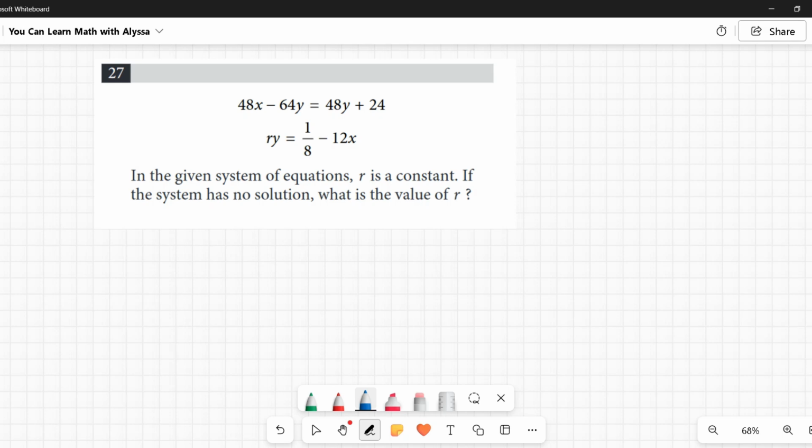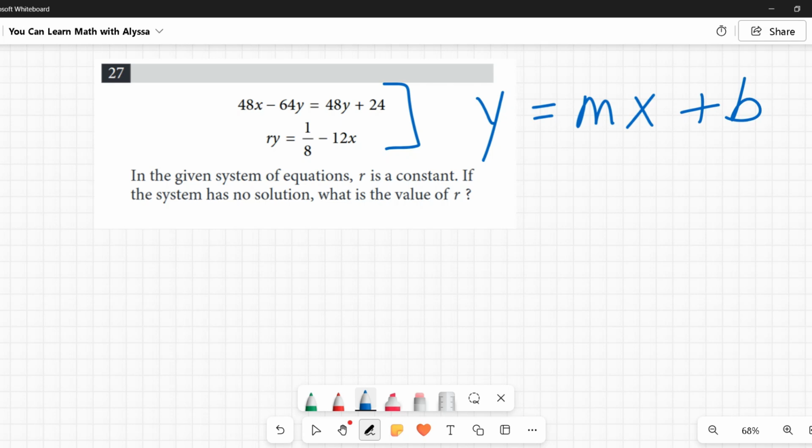Okay, the traditional way first. As I mentioned, we're looking for them to have the same slope. The easiest way to compare these two and get them to have the same slope is if we put them both into y equals mx plus b format.